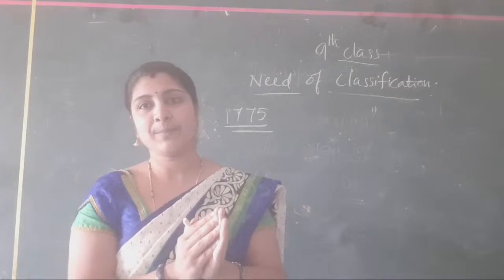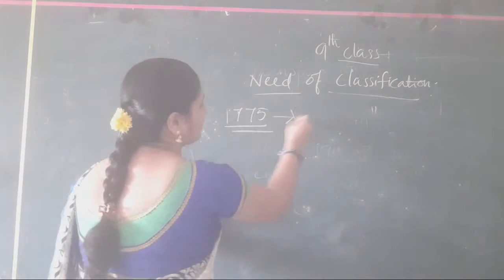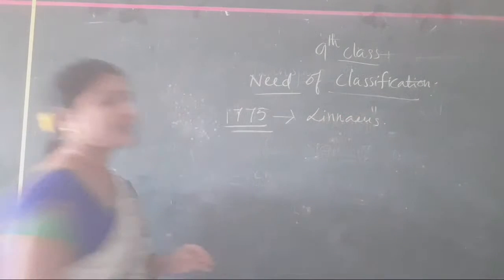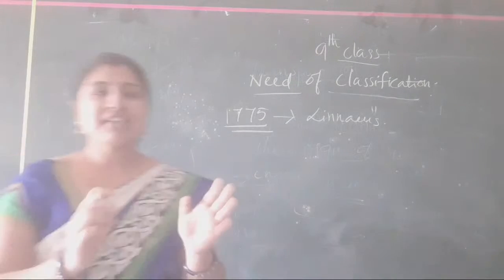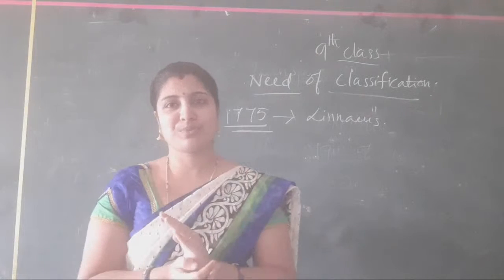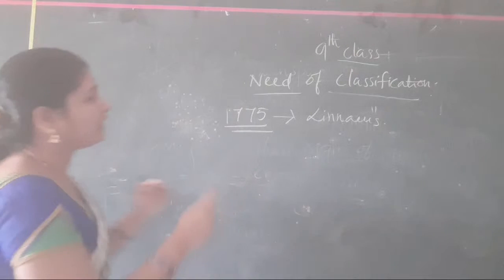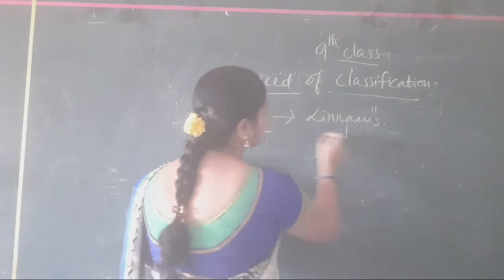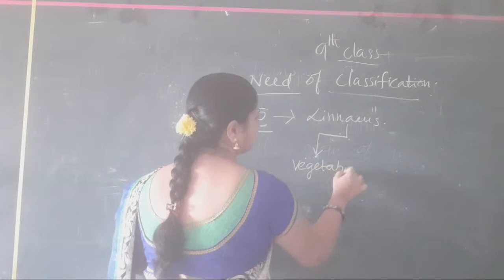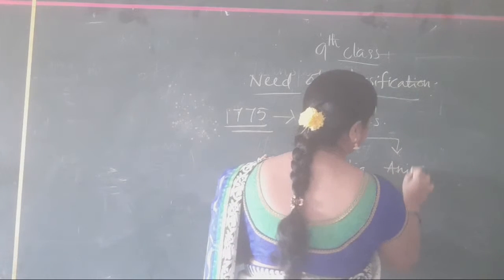Okay, Shushruta. Then in the year 1735, Linnaeus. Who is that? Linnaeus. He has divided the living organisms into just 2 groups. So he has named the 2 groups as what? Vegetalia and Animalia.